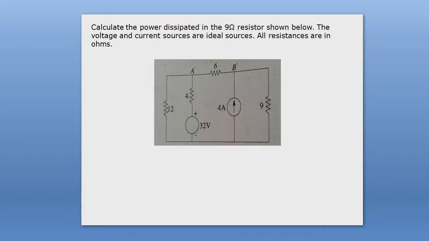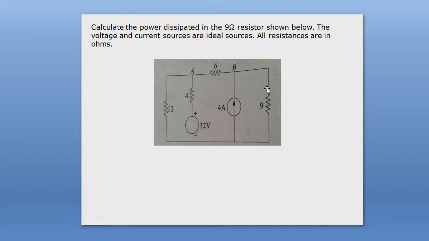Okay, so everyone see the present problem. This circuit consists of two independent sources. One is a voltage source and another one is a current source. So for this circuit, how do you calculate the power dissipated in the 9 ohm resistance? You see this circuit has a resistance of value 9 ohm.